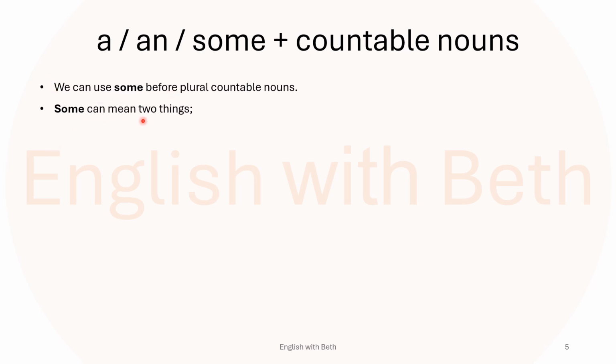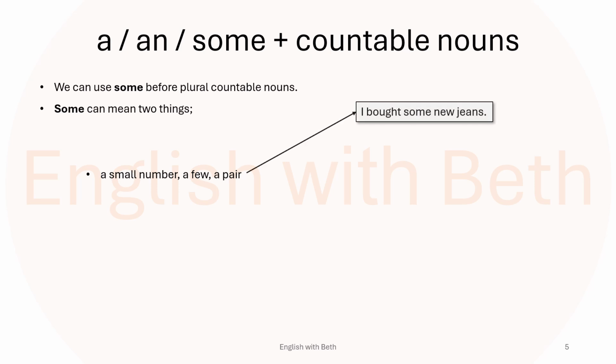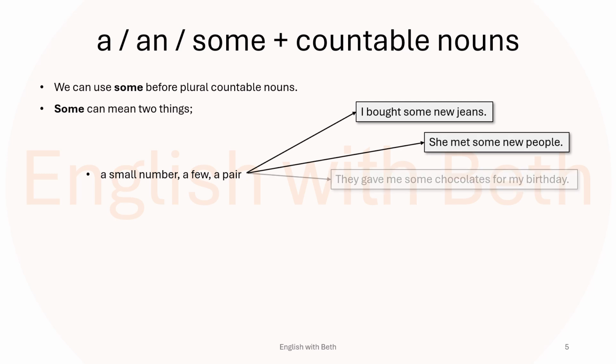Some can mean two things: a small number, a few, or a pair, as in, I bought some new jeans. She met some new people. And they gave me some chocolates for my birthday. So here, some means a small number, a few, or a pair.